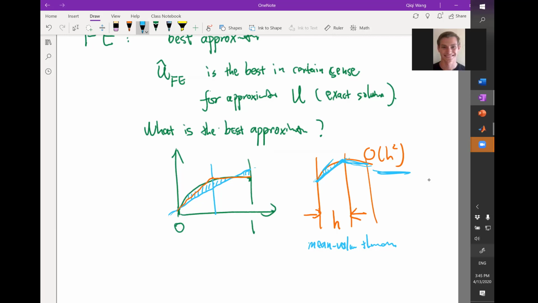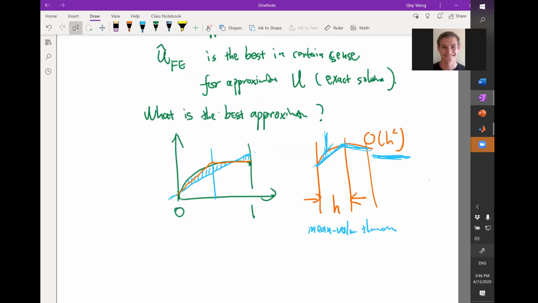And then you have to base the Taylor series analysis on that point. Okay, and basically by doing that, you can argue that the maximum error within this element is going to be on the order h squared, because the only contribution is going to be coming from the second derivative. You already matched the first order derivative.